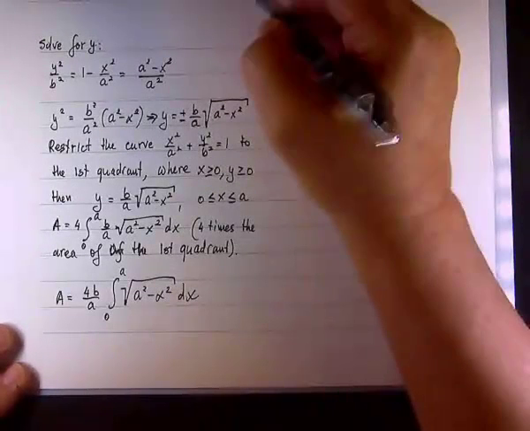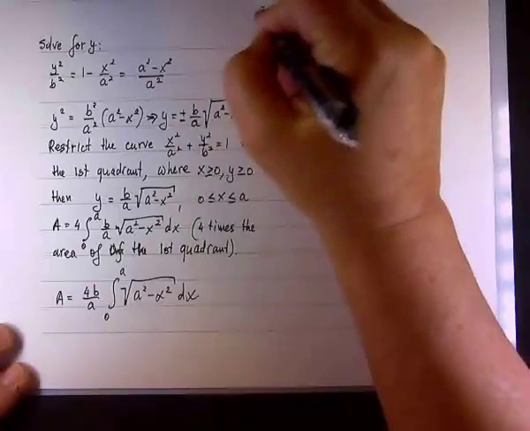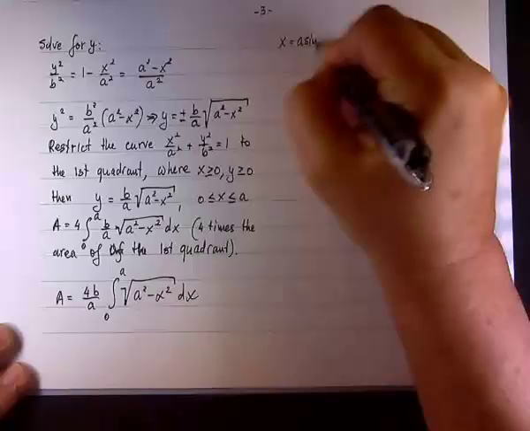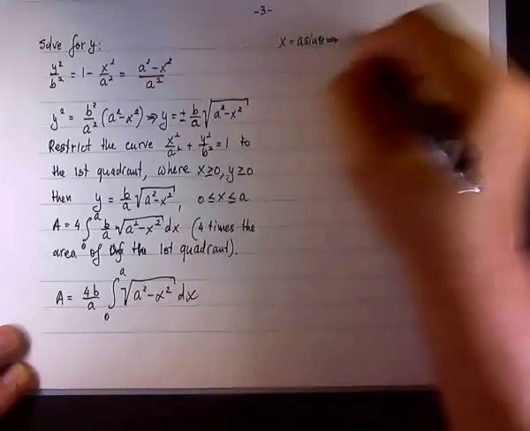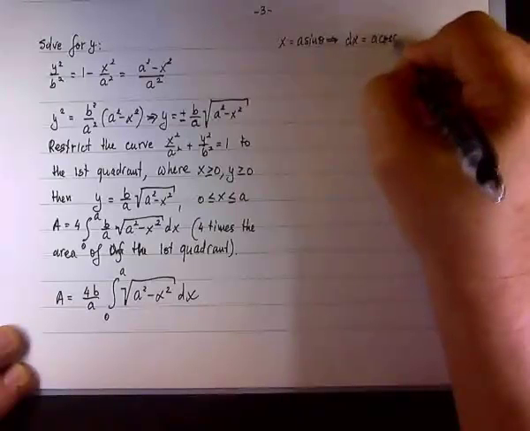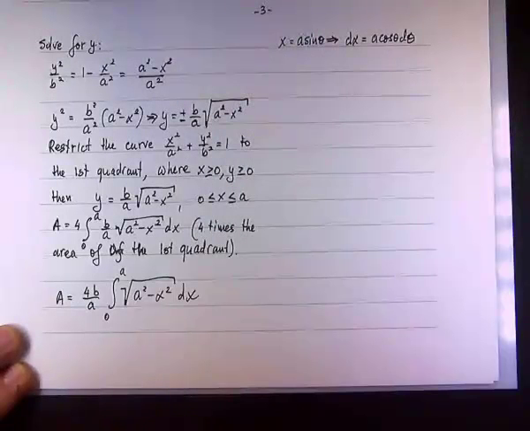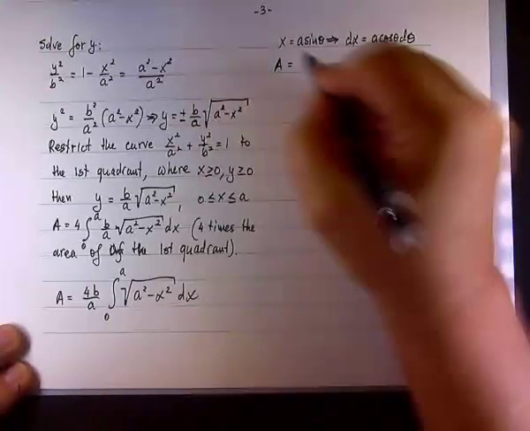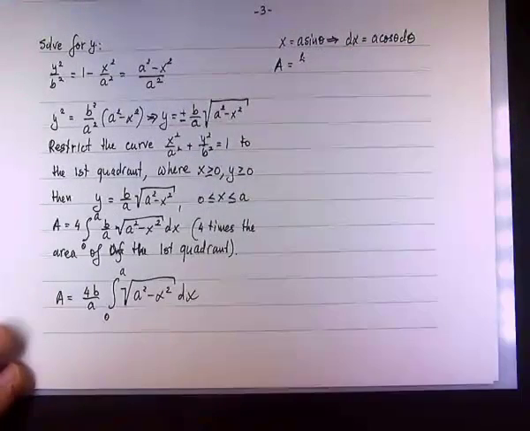So we're going to substitute x equals a sine theta, and of course dx, let's not forget, will be a cosine theta d theta. And now the integral looks like 4.